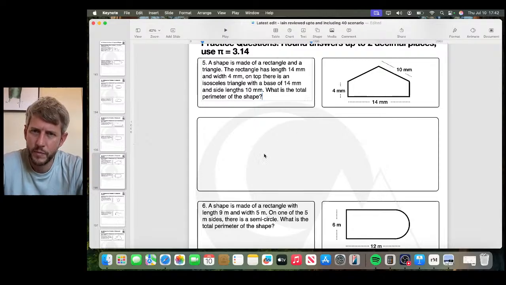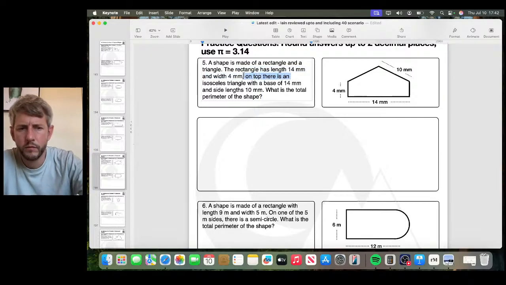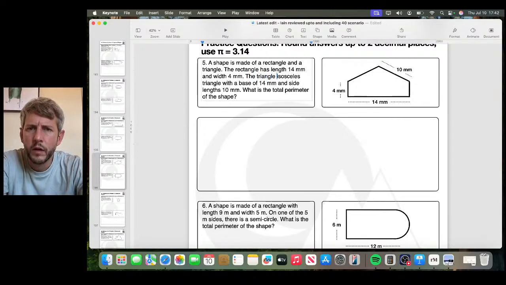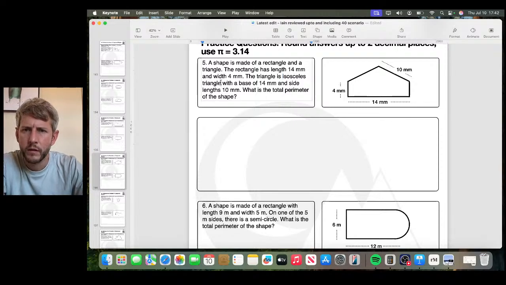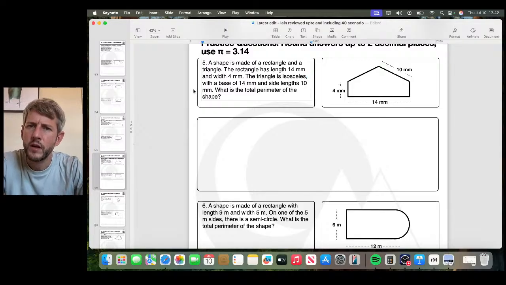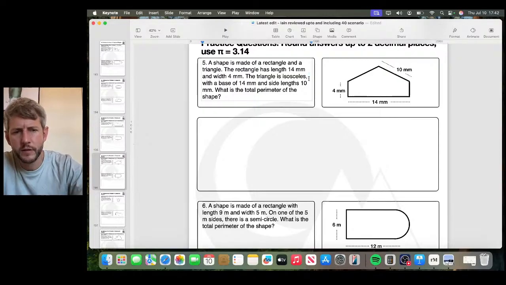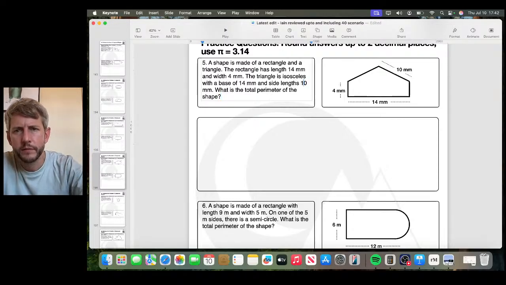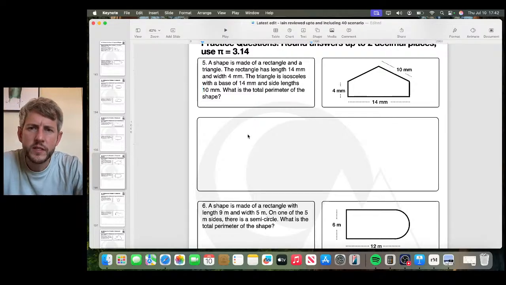What is the perimeter of the shape? The triangle is isosceles with a base of 14 millimeters and a side length of 10 millimeters. What is the total perimeter of the shape?